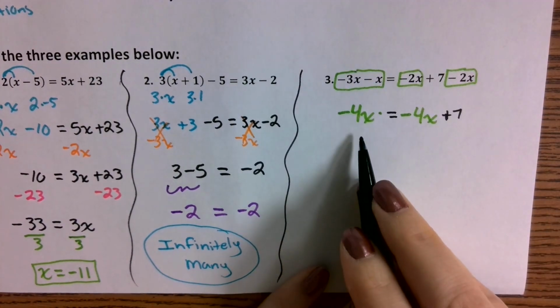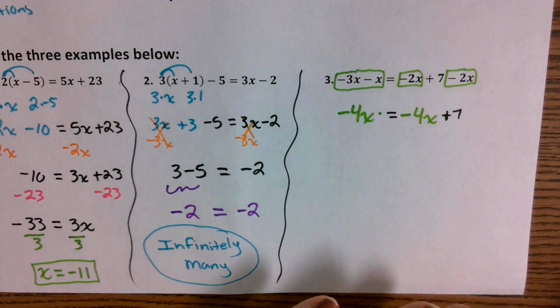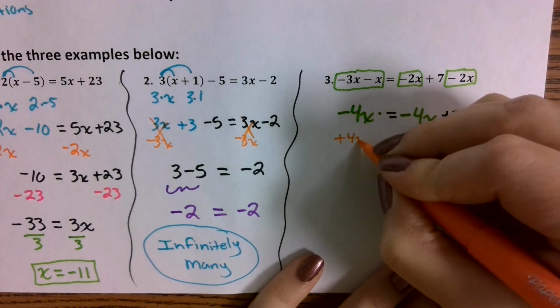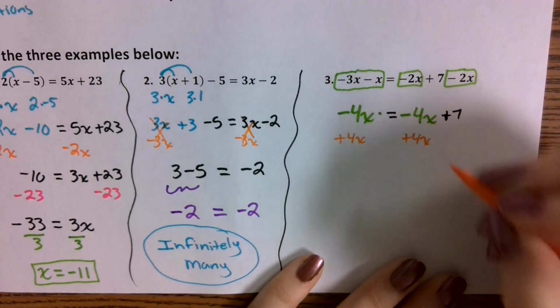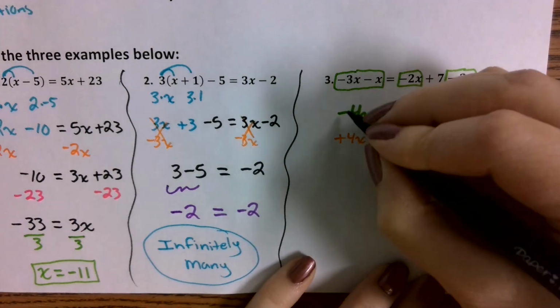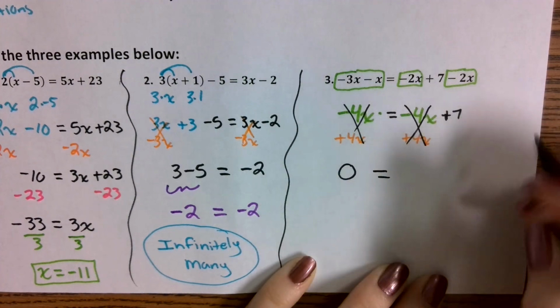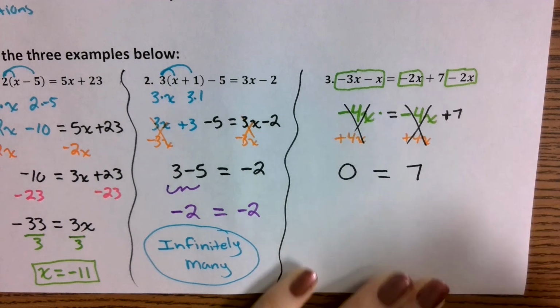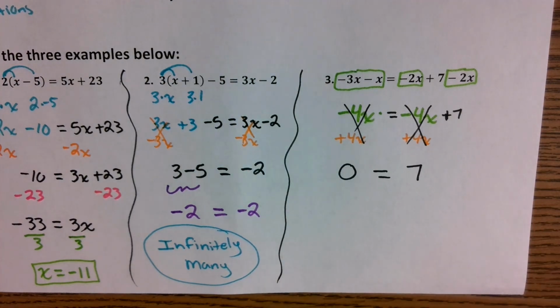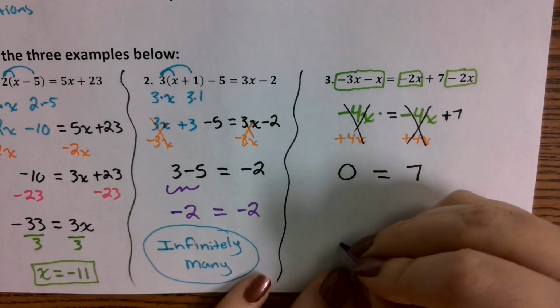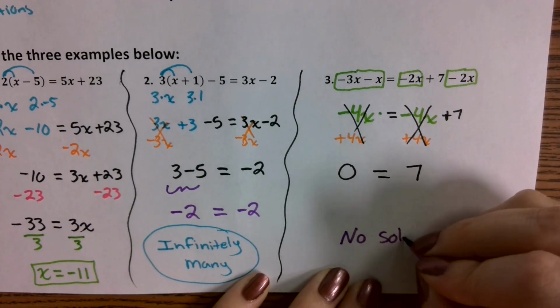So we have negative 4x is equal to negative 4x plus 7. I'm sure you can see where this is going, that if you add the 4x to both sides, you're going to wind up getting these canceled out, which means it's a 0. And these are going to cancel out, but we still have a positive 7 on that side. 0 obviously does not equal 7, so this is going to be one of those no solution kind of problems.